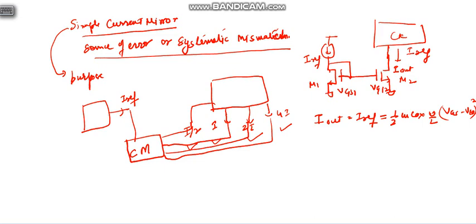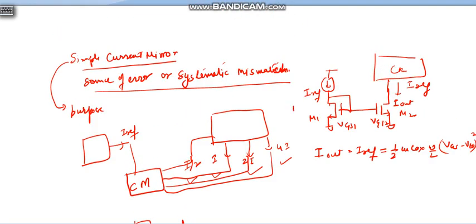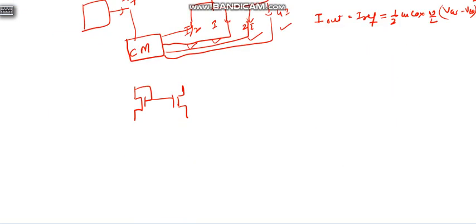Now suppose you want to replicate 2 I ref current. Here the size of both devices is W by L. This is IREF, and you want here 2 IREF, 2 times IREF. So if this size is W by L, you have to take 2 W by L size.